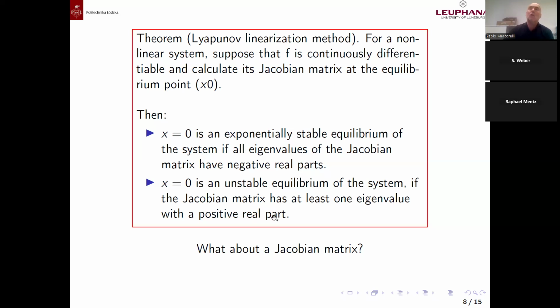It's the real part we determine, you remember, last time in the linear system. In this case, we cannot conclude anything. This means it could be stable, could be unstable, could be persistent oscillations.